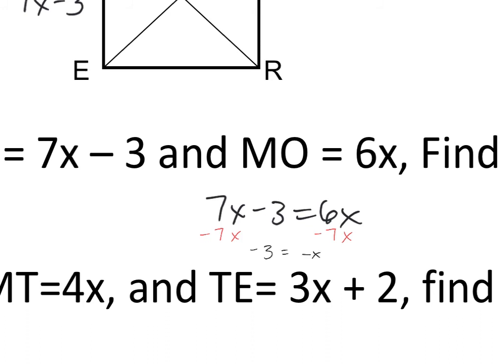What do I do next? Divide by negative 1. And we get x equals positive 3. Beautiful. Are we done? Yes. It said find x. Did we find x? We sure did.